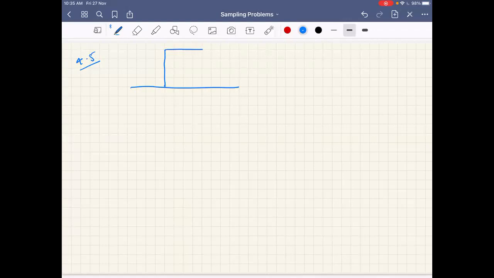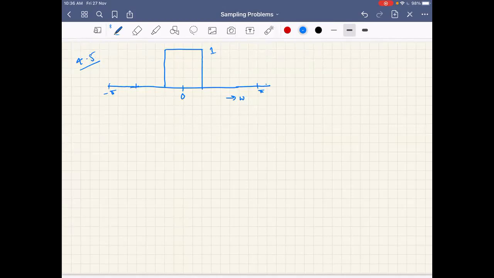What is the range in which I should sketch the frequency response? Yeah, minus pi to pi. Very good. So it is from minus pi to pi. I don't bother about my exact drawing. And they have given the cutoff frequency as pi by 8. What do we mean by cutoff frequency?